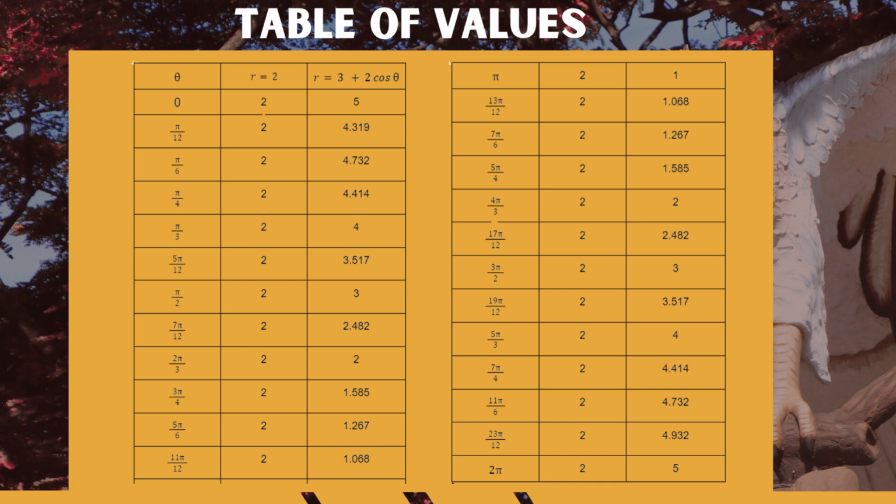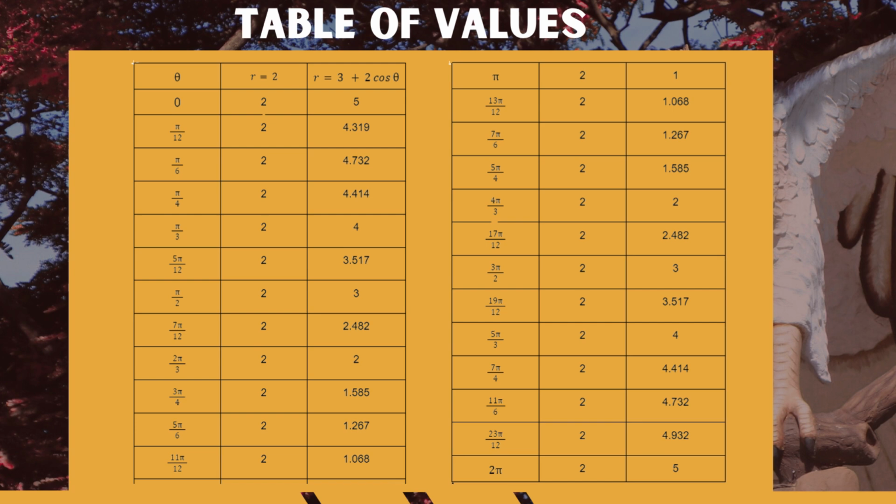If pi over 12, we will get 4.319. If pi over 6, we will get 4.732. If pi over 4, we get 4.414. If pi over 3, we get 4. If 5 pi over 12, we got 3.517. If pi over 2, we got 3.